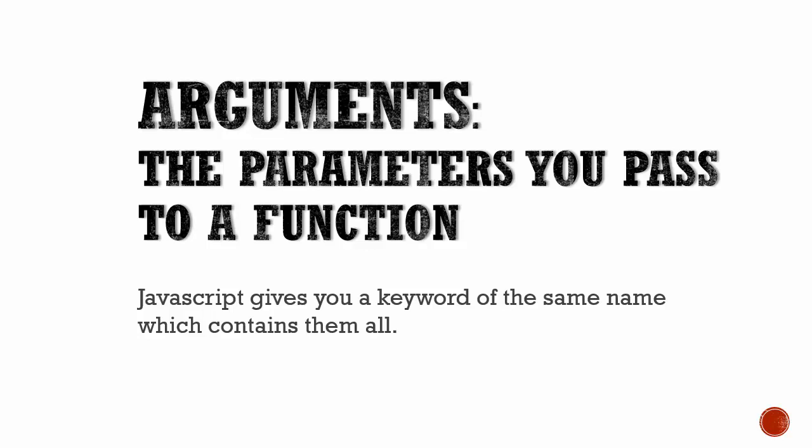That's really in the case of any programming language that has functions. However, JavaScript gives you a keyword of that same name, which contains them all. So when we're talking about the concept of arguments, we're just talking about the parameters you pass to your function. But the special keyword arguments is something special that the JavaScript engine sets up for you.